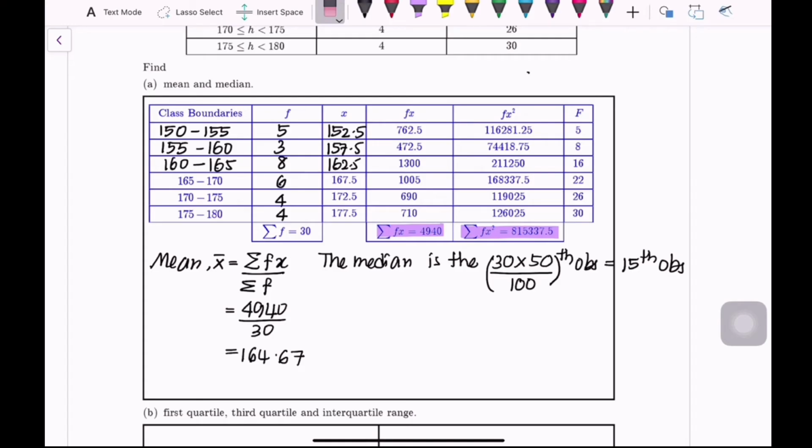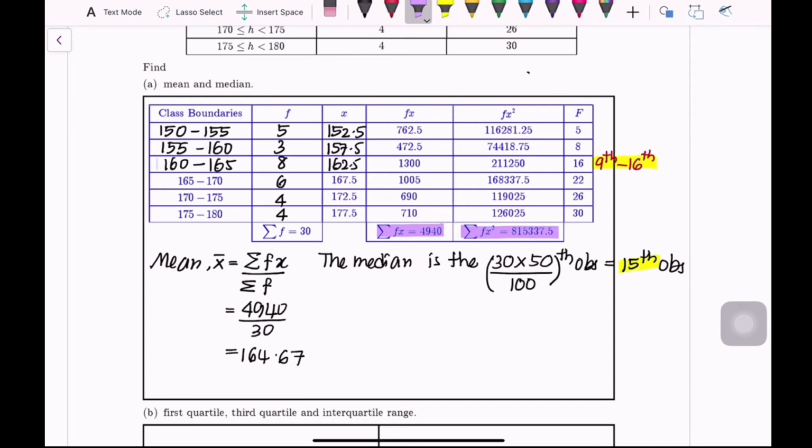From the cumulative frequency, we determine the 15th observation. This is a position of 9th to 16th observation. So the 15th observation is located here.